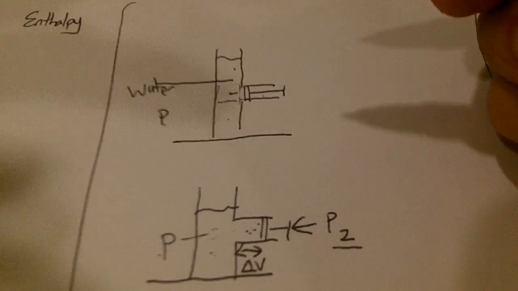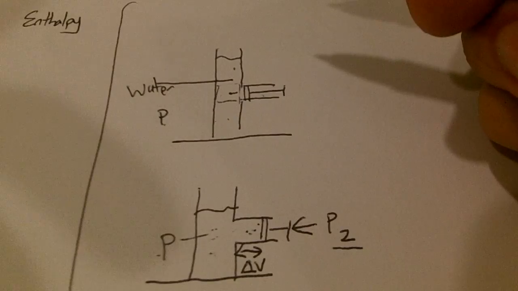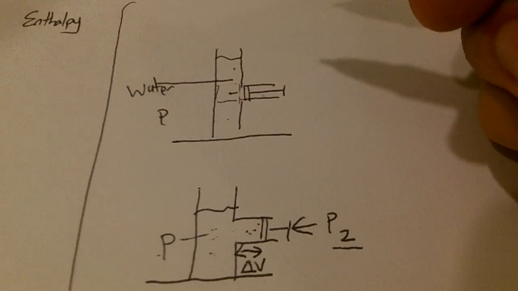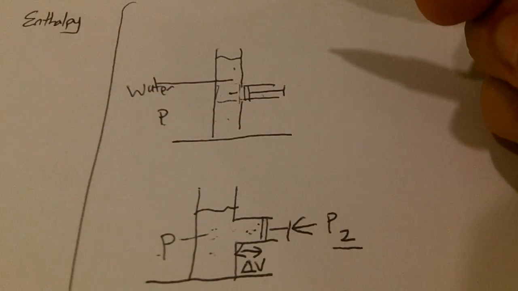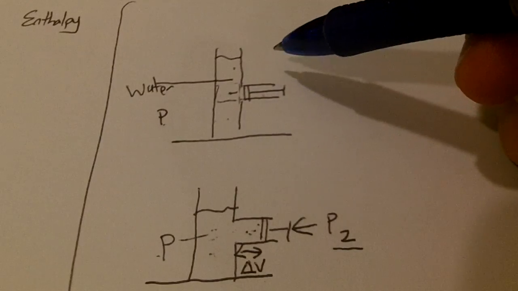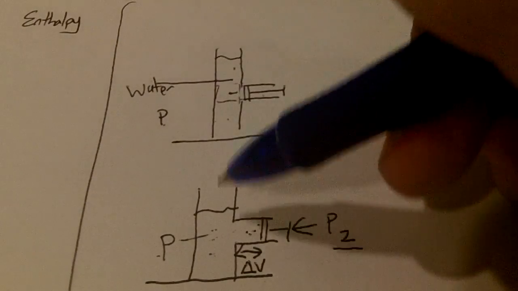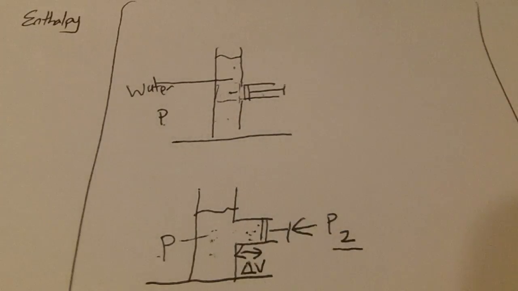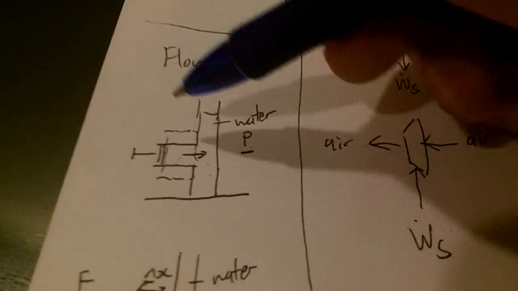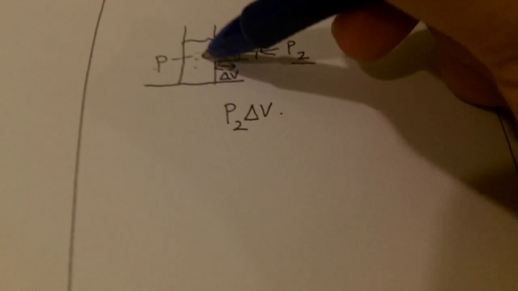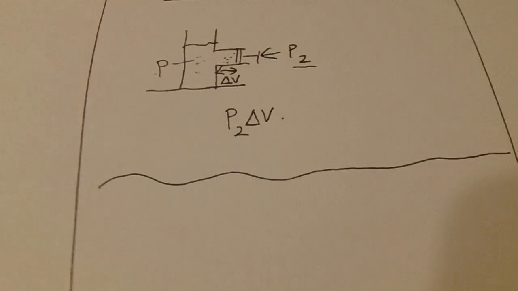In between you may have a movement of the liquid which constitutes kinetic energy, but flow work doesn't really relate to kinetic energy. It relates to the energy needed to move the liquid from one place to another. So here you have to move it in, and here you're moving the liquid out. This is essentially what flow work is.